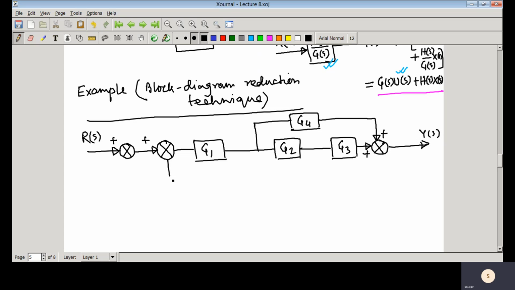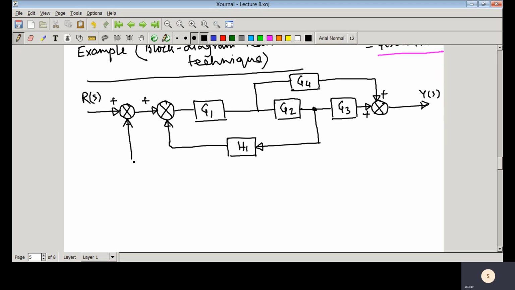So now this particular block diagram control system has two loops. One is that inner loop, what I am drawing now. So this is the tap position. So it has one inner loop, and this is that outer loop.